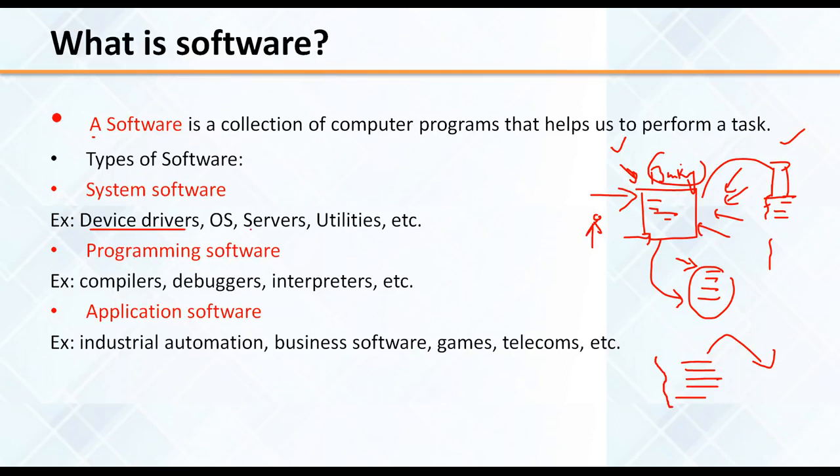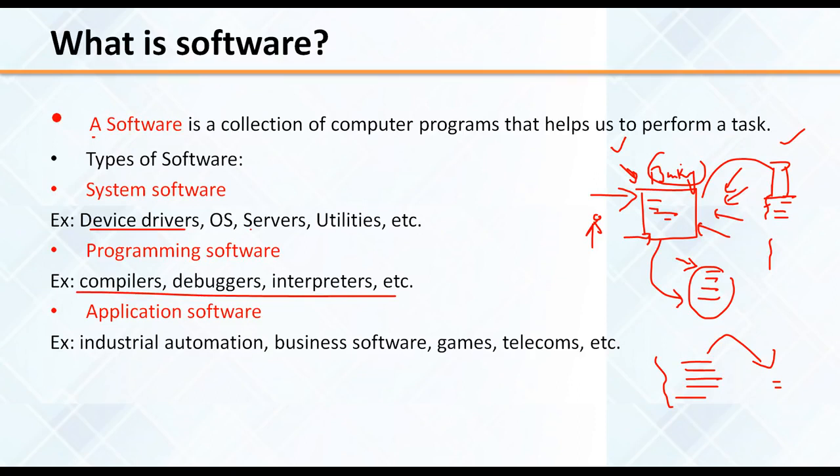In Java also, when I write a Java program, unless we execute that program, we will not get the output. So who is running that program? Who is giving this output? Internally, there are compilers, debuggers, or interpreters. These are the programming softwares, responsible for compiling, debugging or interpreting our code.